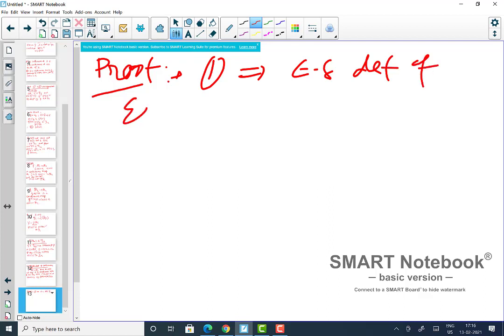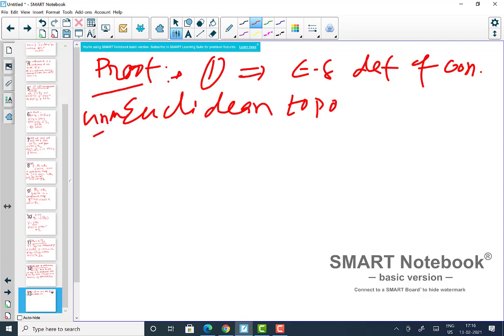Okay, the Euclidean topology, that definition of continuity under the equivalent topology of R. Okay, why?